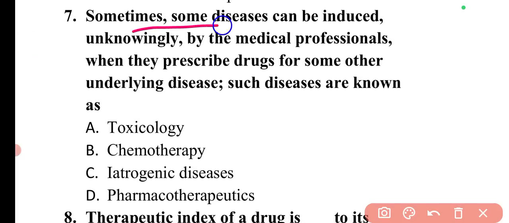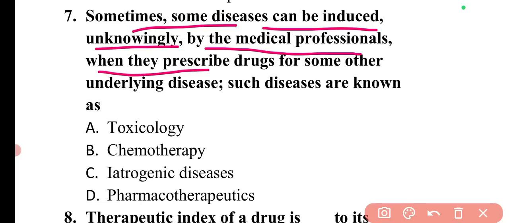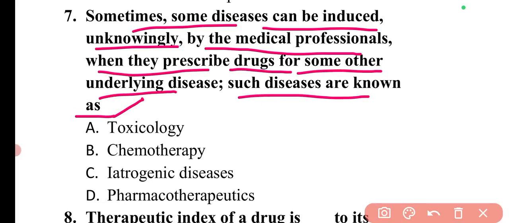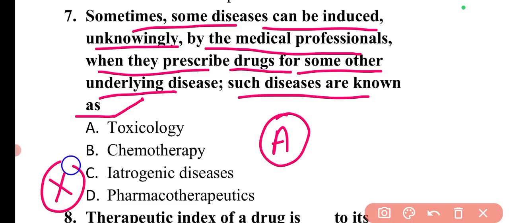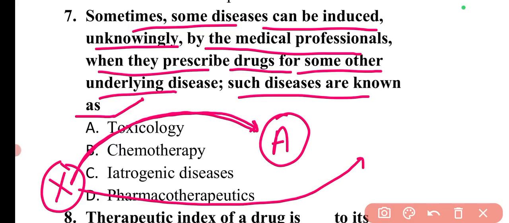Next question is, sometimes some diseases can be induced unknowingly by medical professionals when they prescribe drugs for some other underlying disease. Such diseases are known as. So what happens? If a person is having a disease A, and a medicine X is given to treat this particular disease, by giving this medicine there can be a generation of a new disease which is B. This disease is not due to some other factors, it is due to this particular drug.